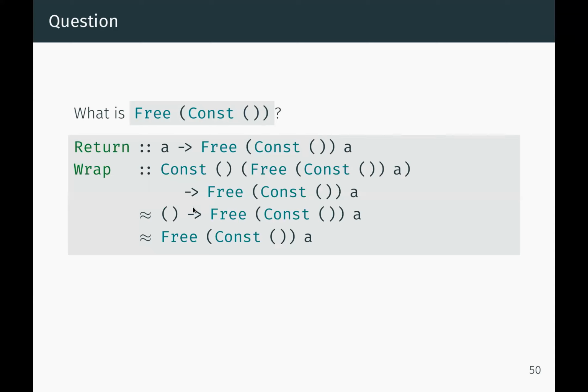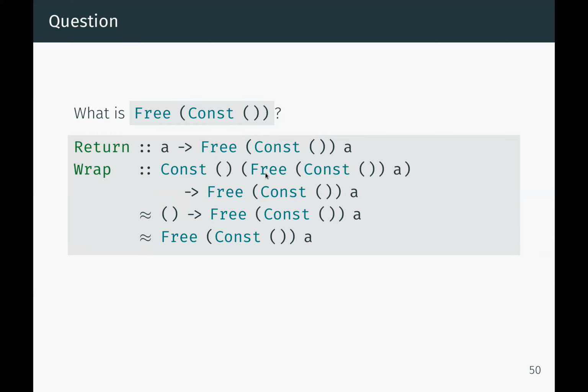If you write down the types, we have return or pure from A to that thing, whatever it is. And we have wrap. If we write down the definition of wrap, by definition, given a Const Unit of this monster, we get something.